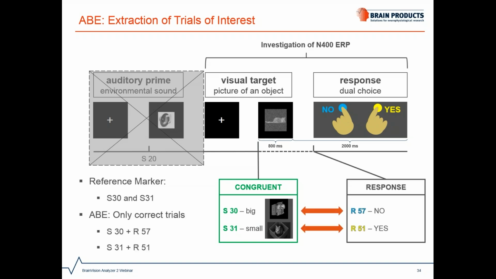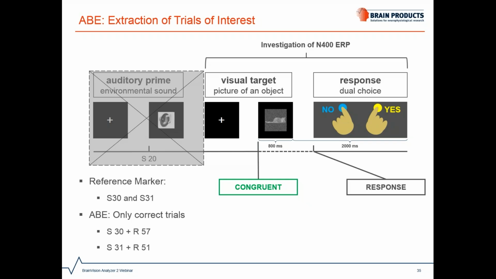Then we need to check the response markers, and that means we have to pair reference markers with appropriate response markers. Trials starting with S30 should be followed by R57 in the response interval, and the S31 trials should be followed by R51 in the response interval if they were correctly answered. Okay, let's start with the first pair, S30 and R57.